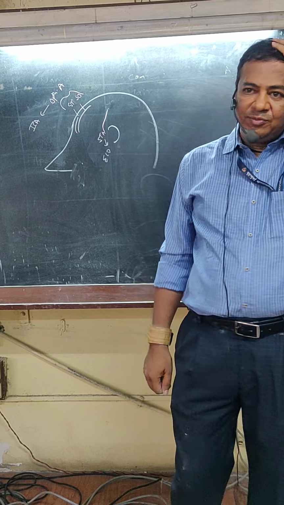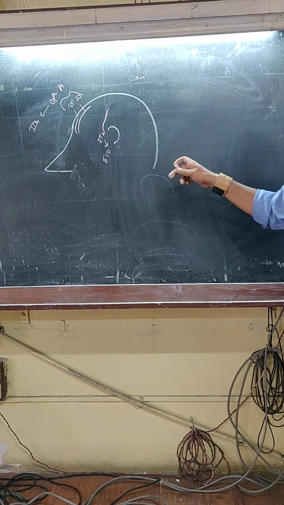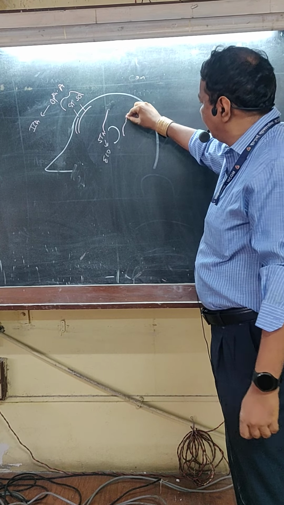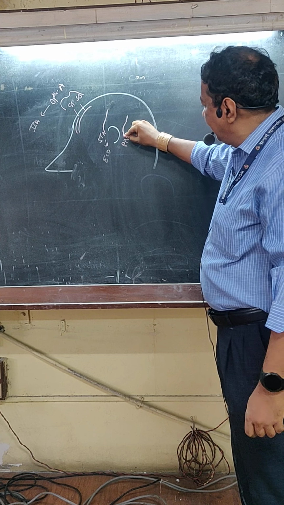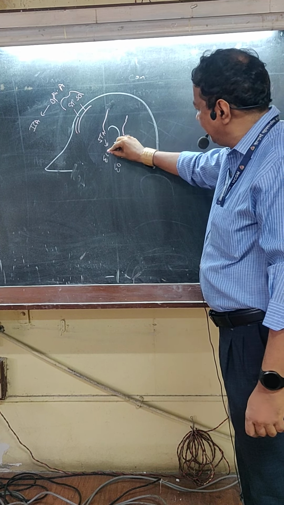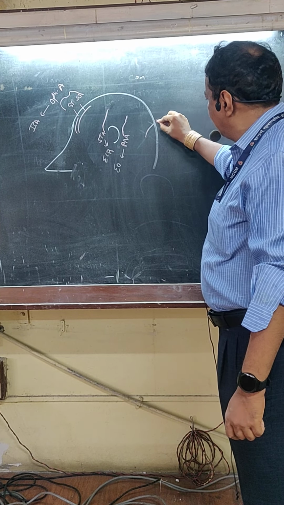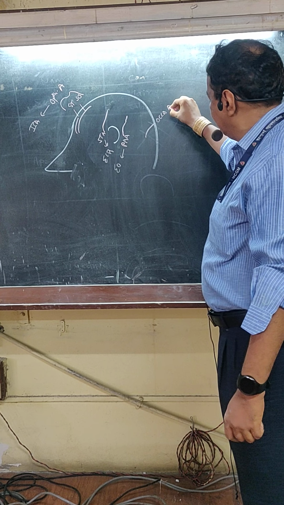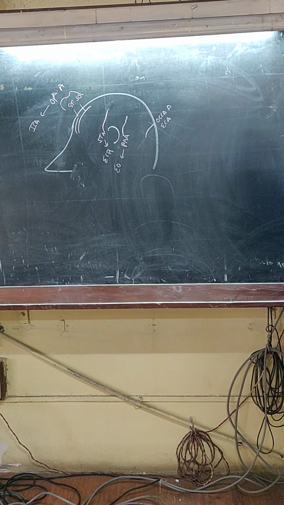Superficial temporal artery, in most cases, and sometimes it may be an artery inside the skull also. Posterior auricular artery, branch of the external carotid artery. Occipital artery, branch of the external carotid artery.